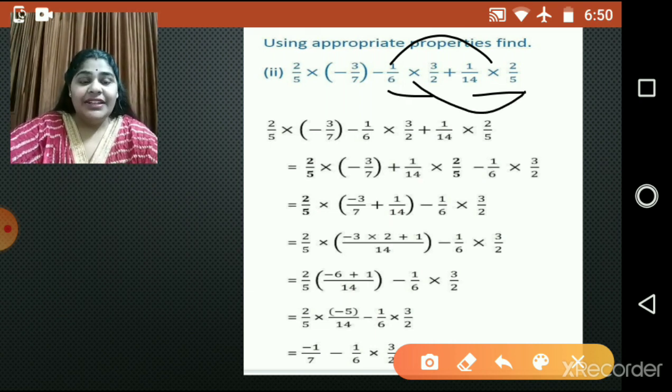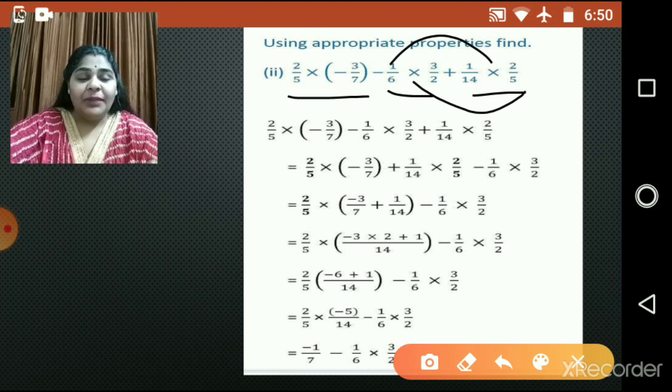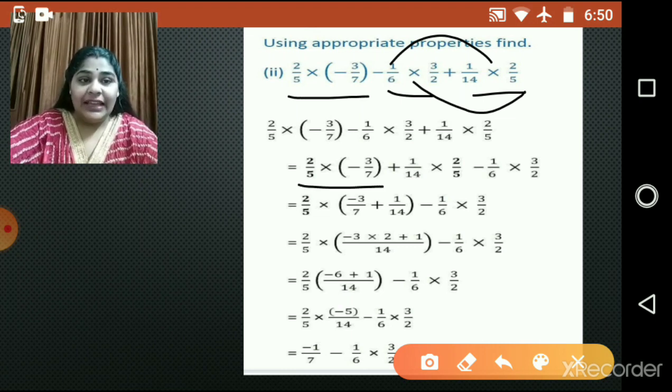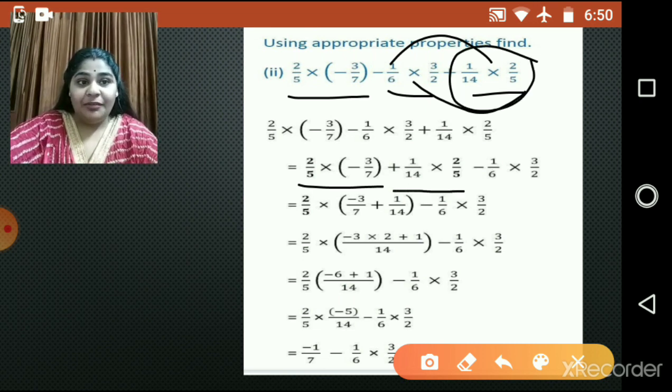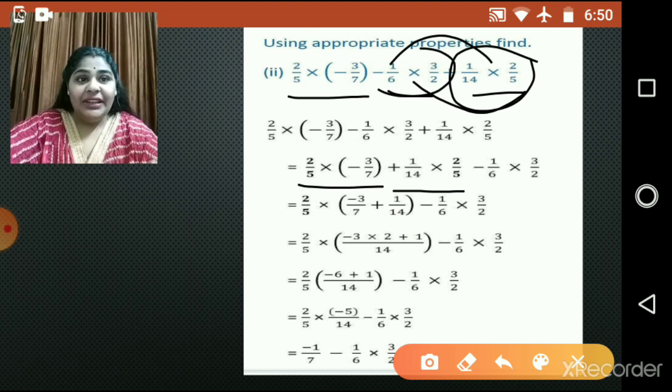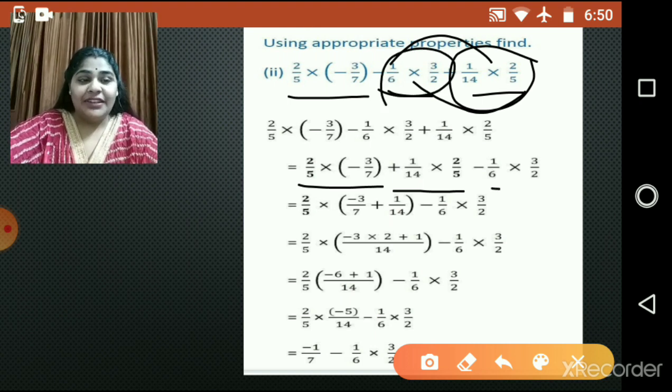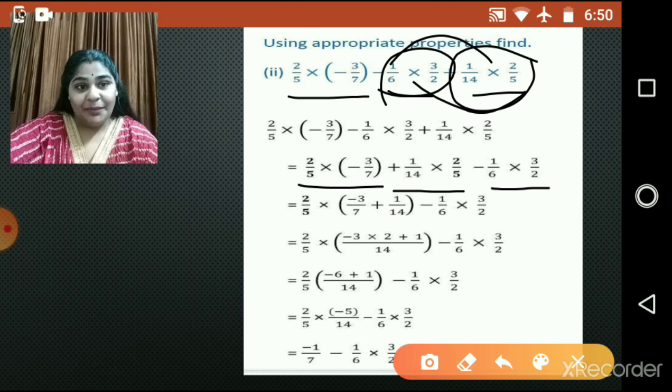So let us rearrange. That is 2 upon 5 multiplied by minus 3 upon 7 as it is, and this one, plus 1 upon 14 multiplied by 2 upon 5, I have brought here, and then the remaining, that is minus 1 upon 6 multiplied by 3 upon 2, is here. So we have just rearranged our terms.